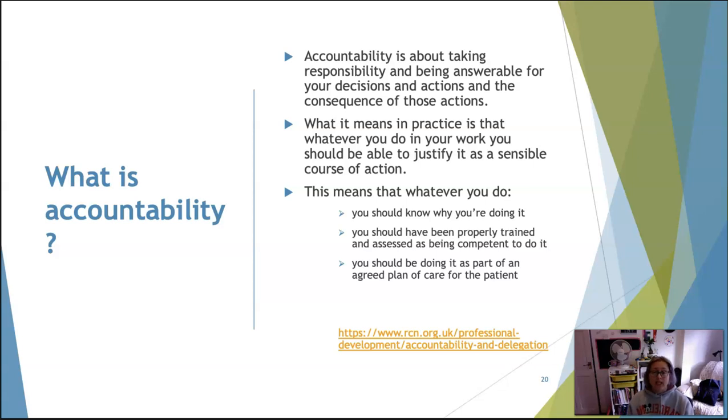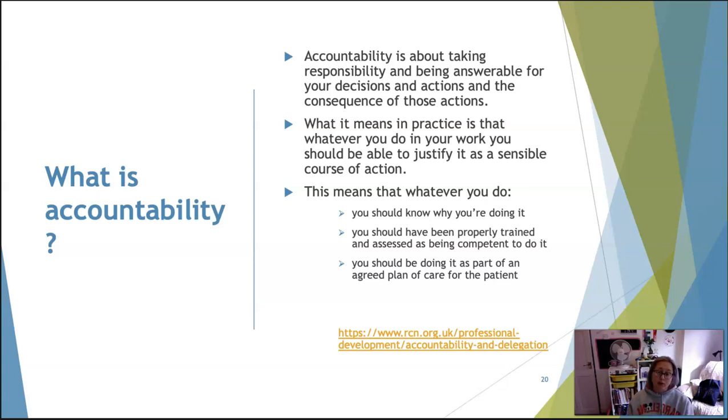So what this means, and this isn't just for anybody who's involved in the prescription and administration of medications, it's also really key when we're thinking about our roles in general, is to think about, do you know why you're doing what you're doing? Are you doing it because it's best evidence, or are you doing it because that person over there told you to? Have you been properly trained and assessed as being competent to do what you're doing?